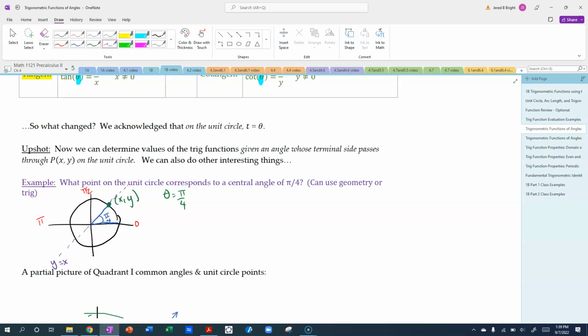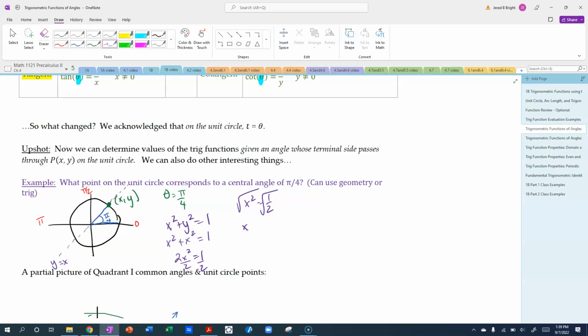So I know y is equal to x, and I know that this point (x, y) is on the unit circle. The unit circle has the equation x squared plus y squared is equal to 1. But this point is on the line y equals x, so instead of writing y, I could write x in its place, and it would be squared. Simplify: 2x squared is equal to 1, and then divide both sides by 2. So I get x squared is equal to 1/2.